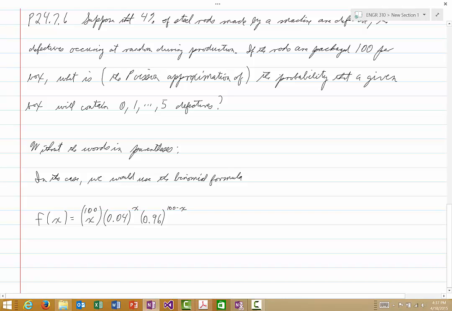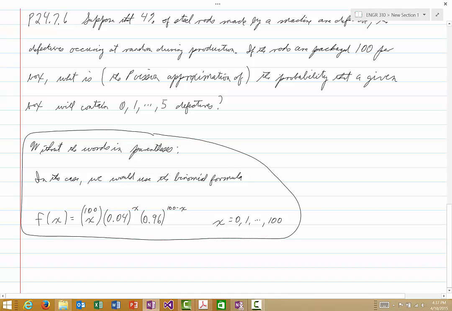And there's the formula, and that's actually good for all values of x, not just 0 up to 5, but 0 up to 100. And that solves the problem just that easily if we did not have the words in parentheses.